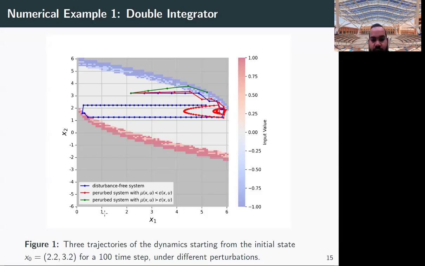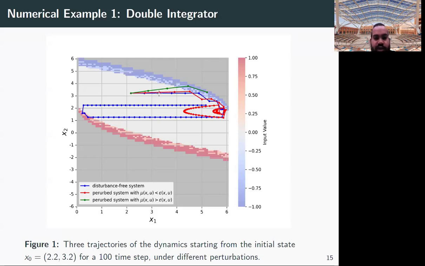For the x-axis, we have x1, and for the y-axis, we have x2. And here we have the gradient of the level of robustness, with the input value we can apply at each discretization. Here we have also plotted 3 trajectories.